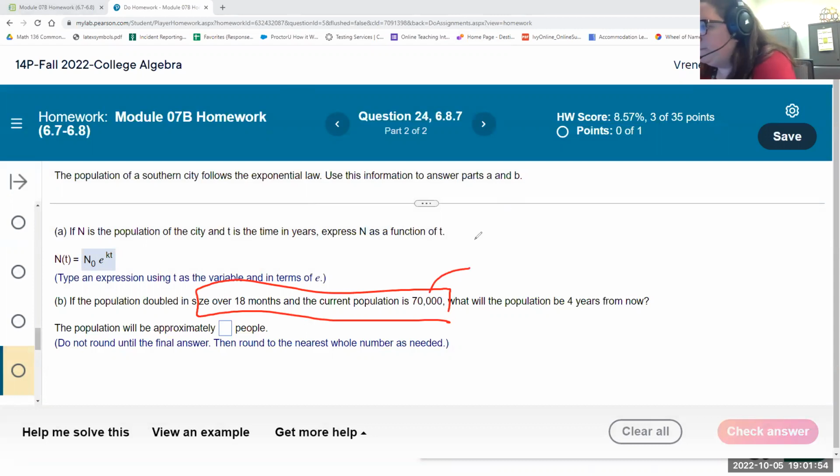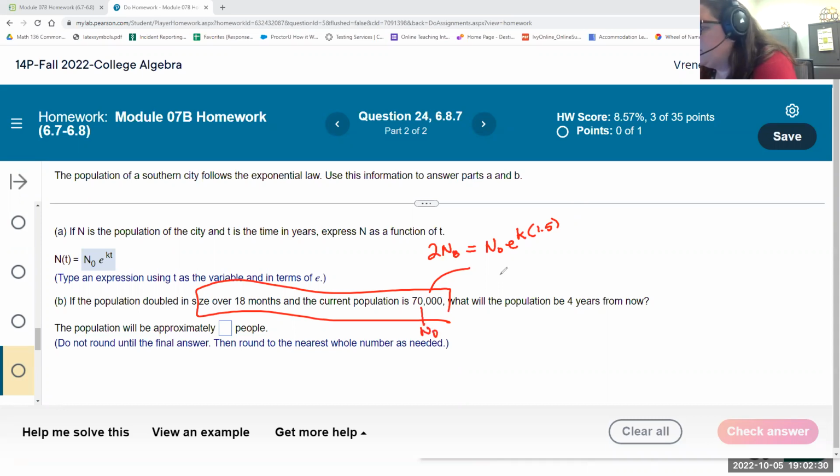Whatever n sub 0 was, I don't know. I do know that whatever that was, when I plug in 18 months, t is time in years, so 1.5 years, that's going to give me double of the initial amount. I guess we're saying the 70,000 actually is the n sub 0.